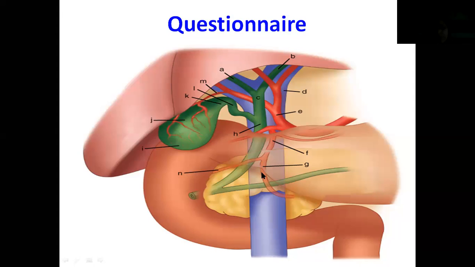Gastroduodenal. G, superior pancreatic. What is G? Superior pancreaticoduodenal, sorry, beta. This is superior pancreaticoduodenal, and this is gastroepiploic, no? Right gastroepiploic. Okay, beta. Then what is this?